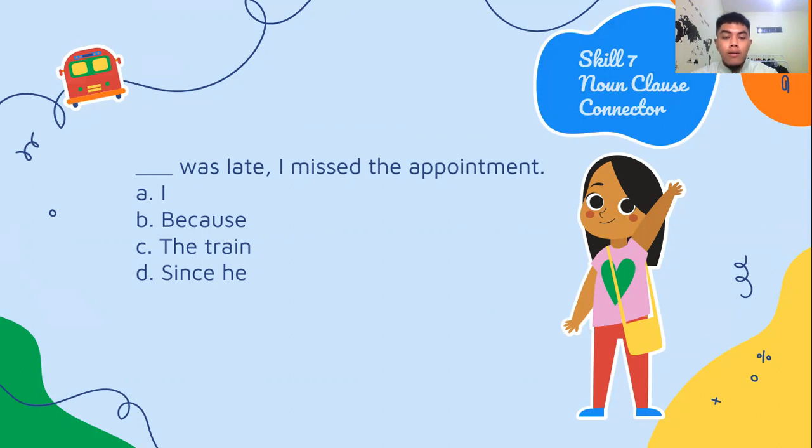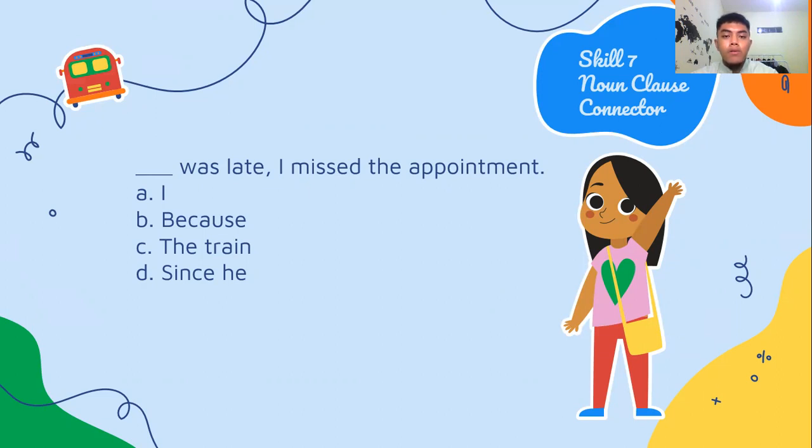Answers A and C are not correct because I and the train will only be subjects for the verb but cannot be used as connectors to join the two clauses. In addition to requiring a subject, the question also requires a connector to join the two clauses.